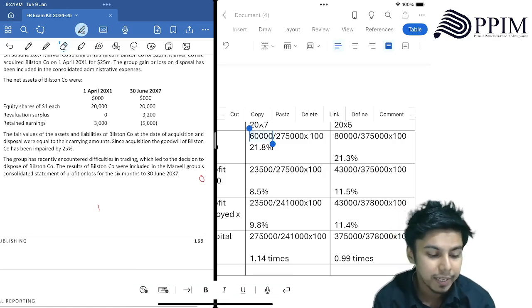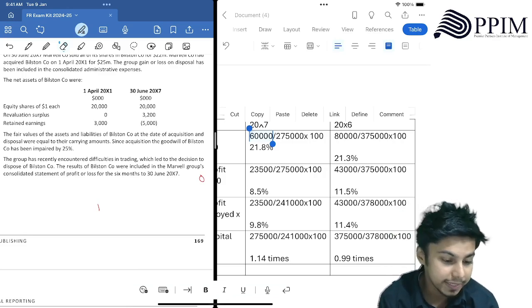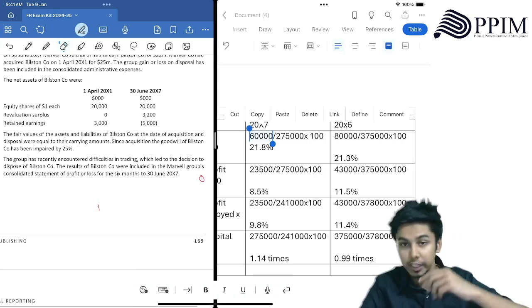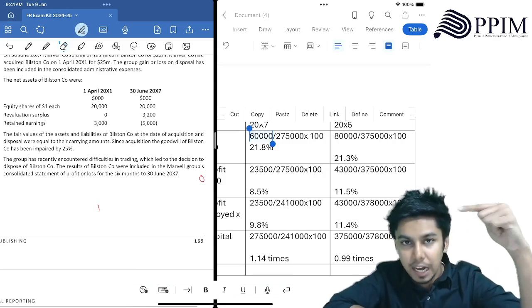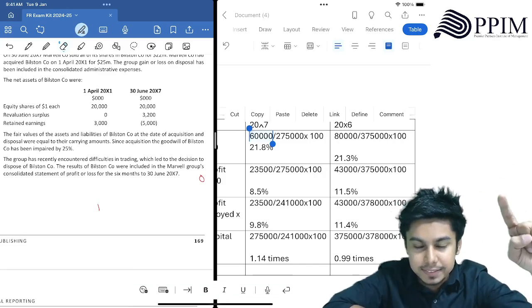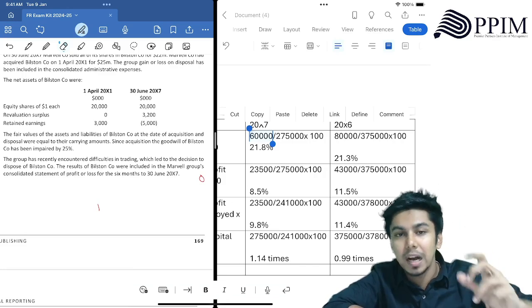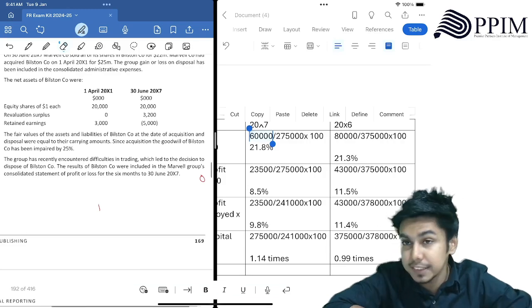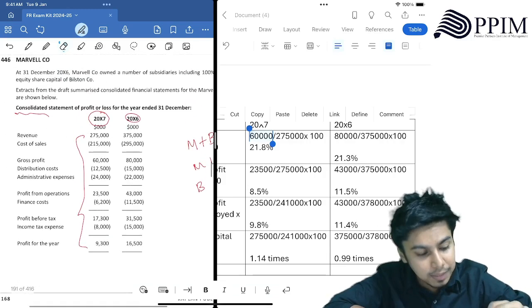Now guys, in that paragraph they are telling us the group has recently encountered difficulties in trading, which led to the decision of disposing Bilston. Now, can you see, without Bilston our gross profit ratio has actually improved. It means that, what is our company name? Marvel. We are actually doing good. This was not the case in the previous question. We were doing bad, the subsidiary was doing good.